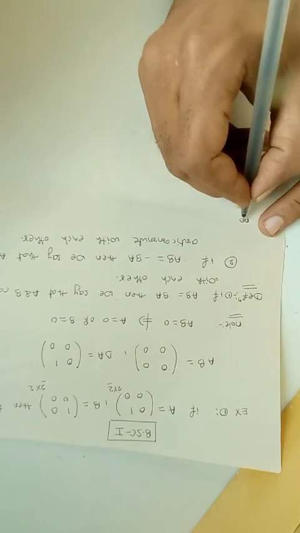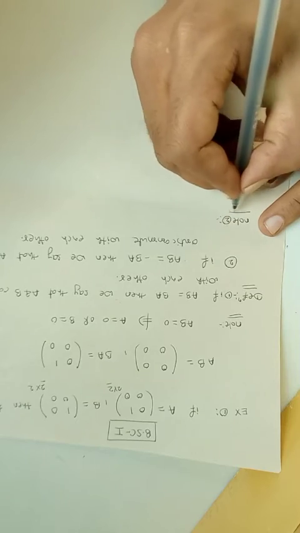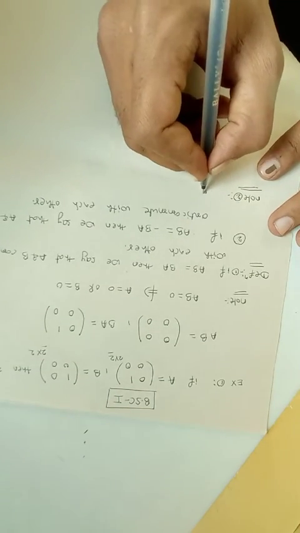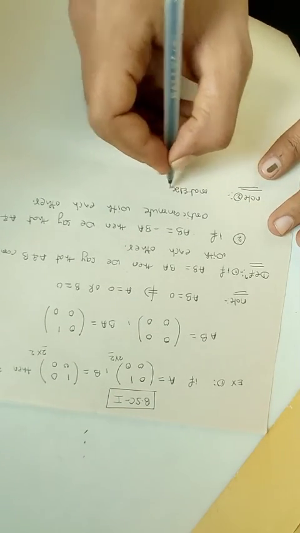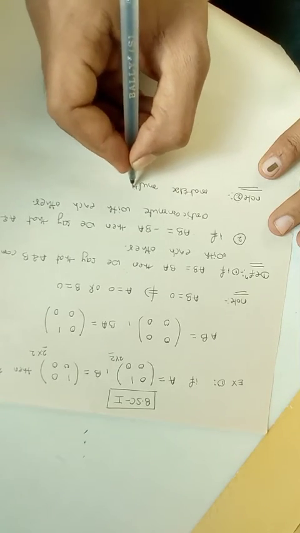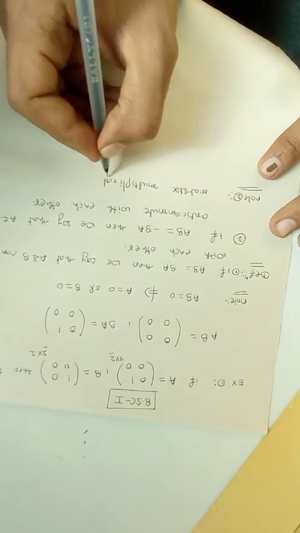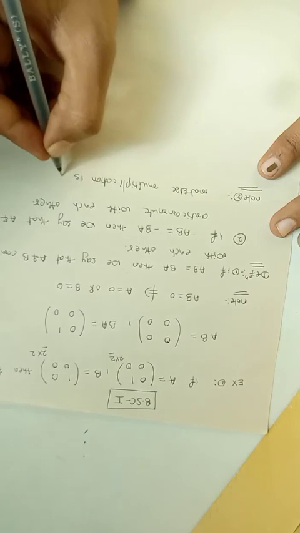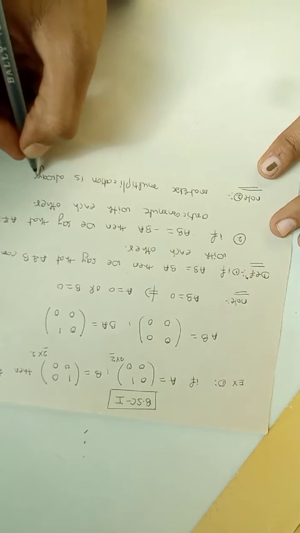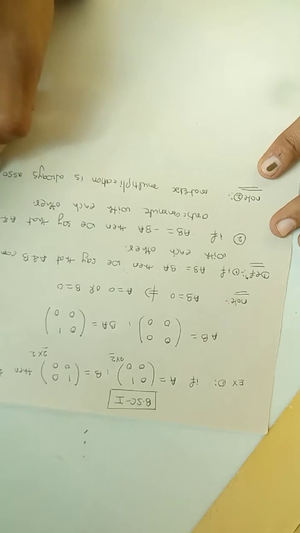Now note second, matrix multiplication is always associative.